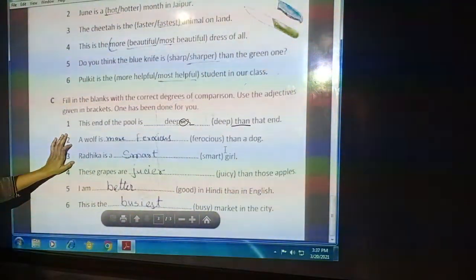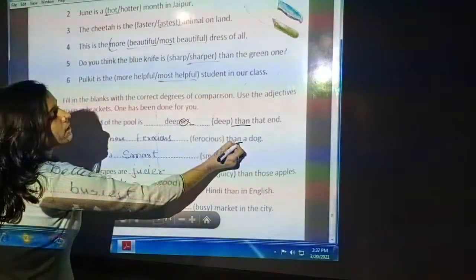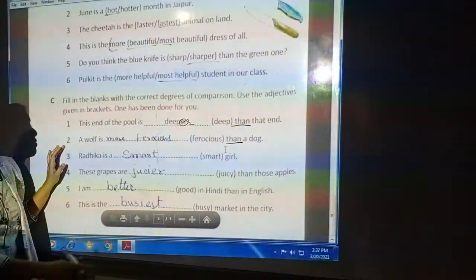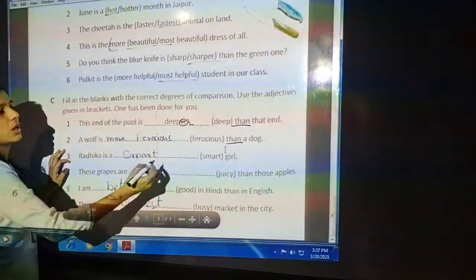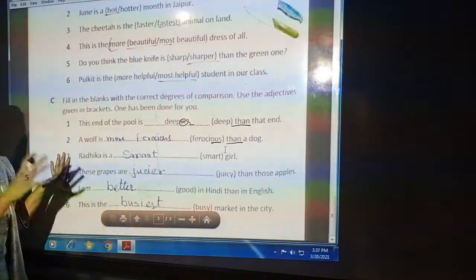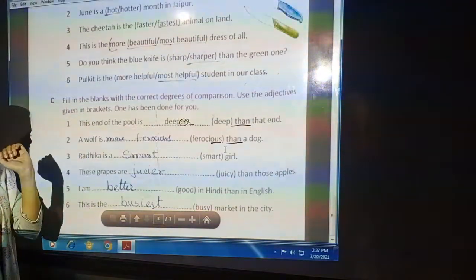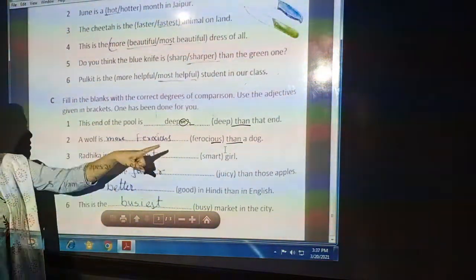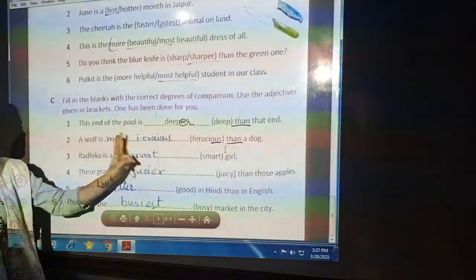Next is, a wolf is dash than a dog. "Than" is used, that means again comparative degree. So to convert "ferocious" into comparative degree, as you can see, the suffix "ous" has already been added, so we will not add "er" or "est" after the adjective, but instead, to convert it into comparative degree, we will add "more" before the adjective.